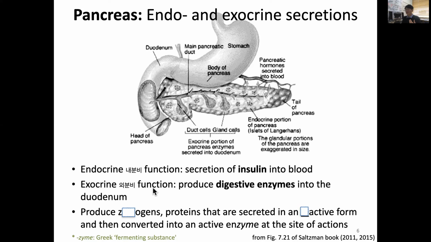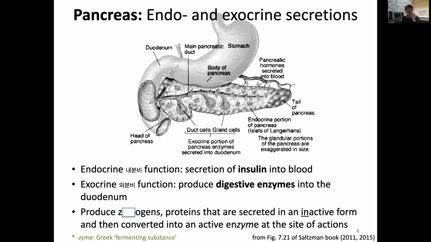So the exocrine function is producing digestive enzymes into the duodenum. And again, these enzymes are also digestive enzymes. How we prevent these enzymes from digesting the pancreatic tissue itself is because we produce and secrete these enzymes in an inactive form, not activated yet, but they have to be activated, or converted to active enzyme, at the site of action, such as here, the duodenum, where they secrete the enzyme enterokinase, which activates these enzymes.